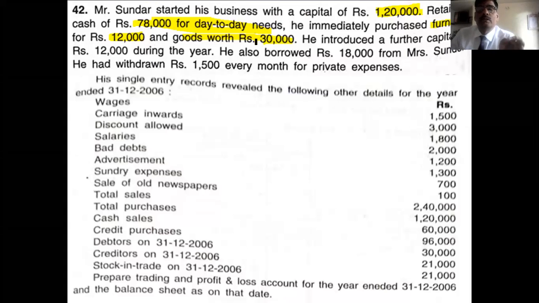If you prepare the opening statement of affairs, okay. Otherwise, you enter these items in the cash book. If you enter these items in the cash book, capital introduced is a receipt, so you record this amount on the receipt side, and whatever purchases were made, furniture and stock, you enter on the payment side.